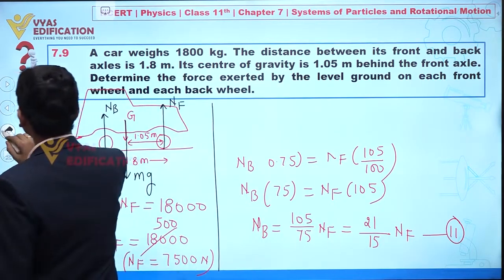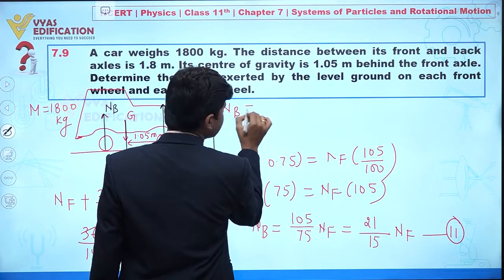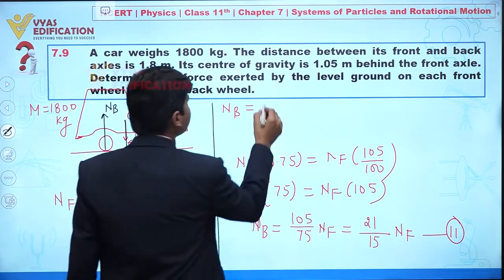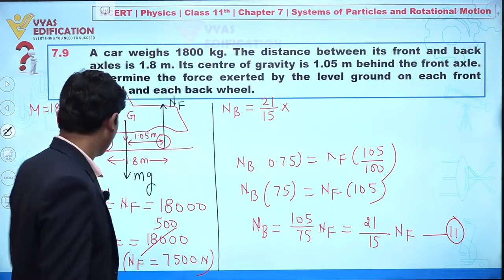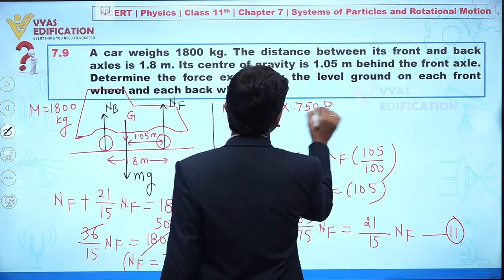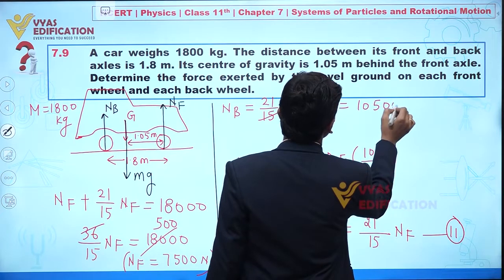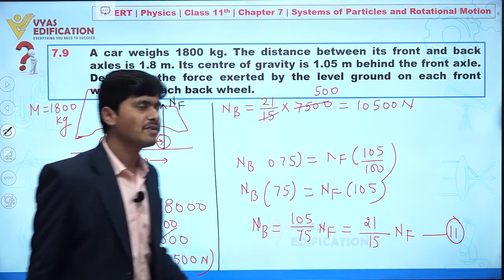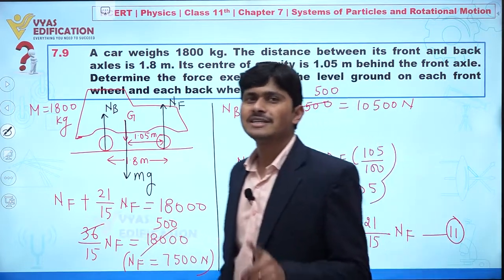So we can see value of NB is given by 21 by 15 multiplied with NF. NF is given 7500. From here we can say this is 10500 Newton. Clear everyone? So we are getting reaction force on the back wheels is 10,500 Newton.